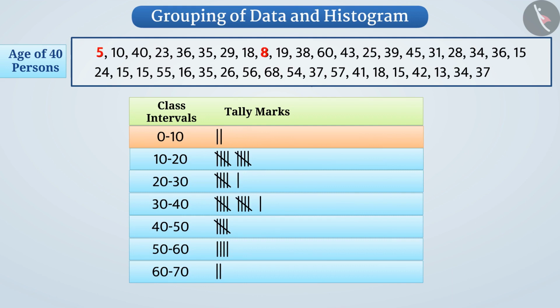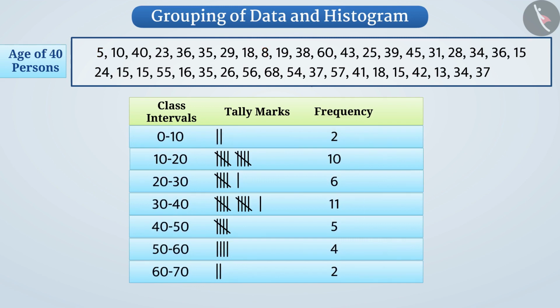In this way, the number 2 tells that number of observations which are included in class interval 0 to 10, that is, there are 2 persons between the ages 0 and 10 years. We call it the frequency of class interval 0 to 10. Similarly, you can write the frequency of all these class intervals in this way.